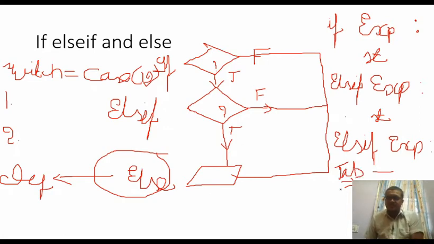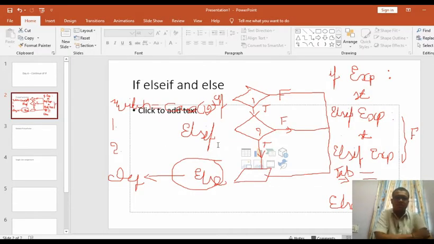If all these expressions fail, if all of these become false, then you should write only one else. That is the default statement. Python doesn't support switch statements, so in order to address that, we have if, else if, and finally the else. Let me give an example so that it becomes clear how to use the respective if, else if part.